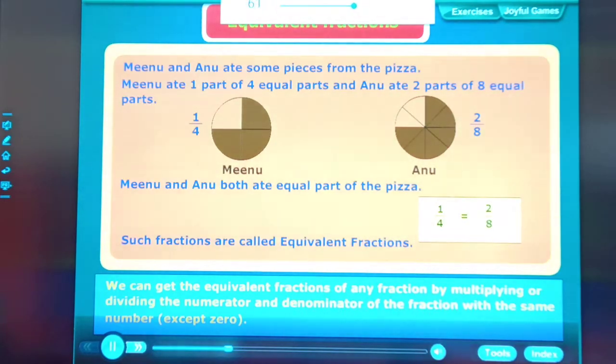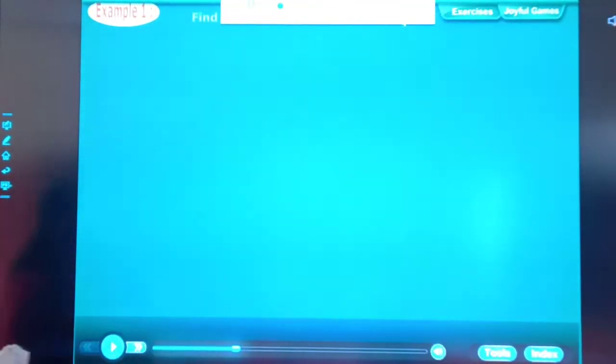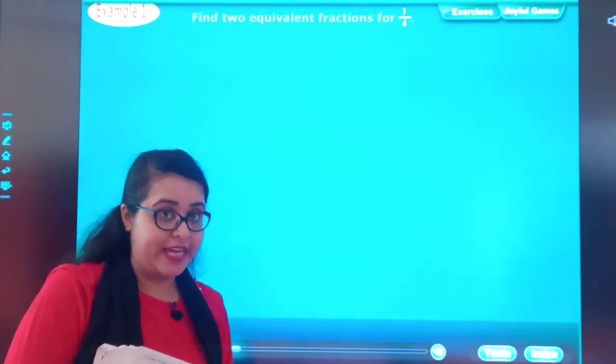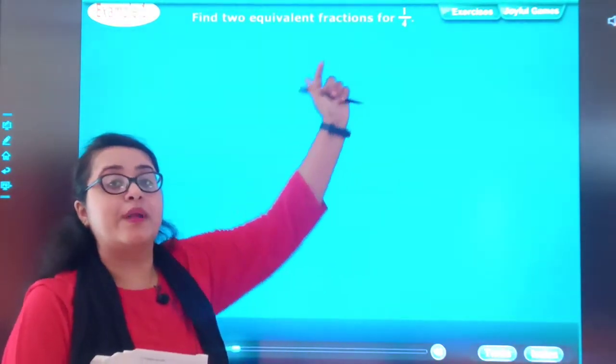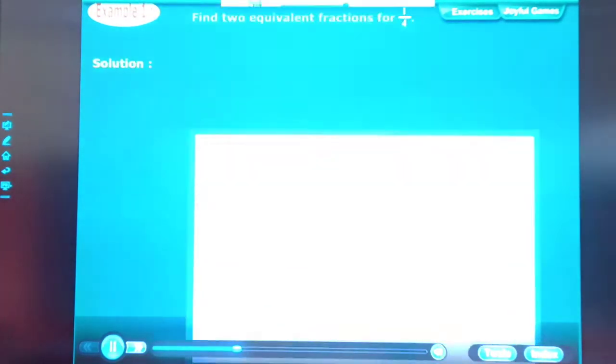Of any fraction by multiplying or dividing the numerator and denominator of a fraction with the same number except 0. Example 1. Find 2 equivalent fractions for 1 by 4. Now we will see how we are able to find the equivalent fractions of 1 by 4. Solution.